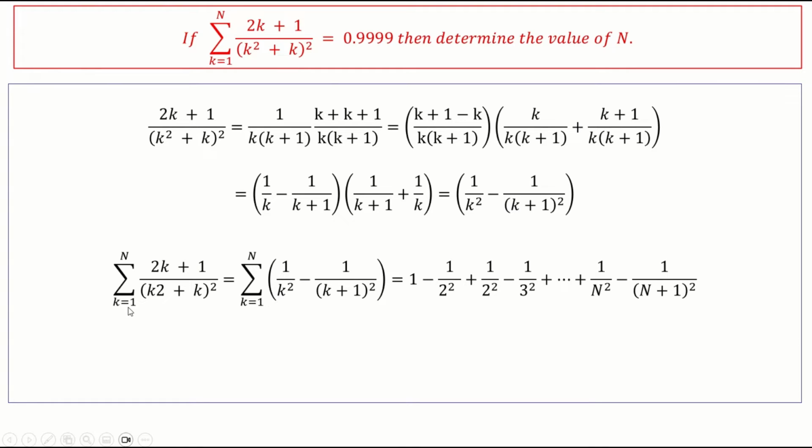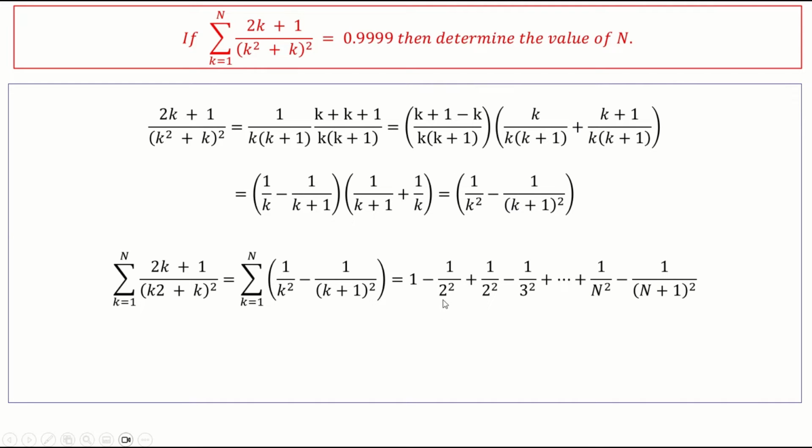Now sigma of k equal to 1 to n, (2k plus 1) divided by (k square plus k) whole square, you can write as sigma of k equal to 1 to n, 1 by k square minus 1 by (k plus 1) whole square. Okay, that is nothing but, if k equal to 1, 1 minus 1 by 2 square, k equal to 2, plus 1 by 2 square minus 1 by 3 square, plus like that it will go on until n, which is 1 by n square minus 1 by (n plus 1) whole square.